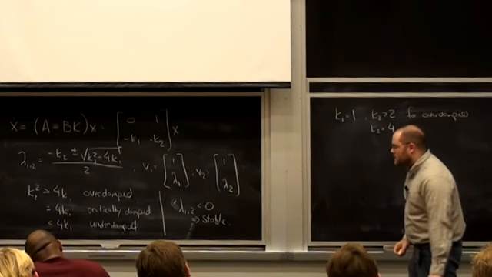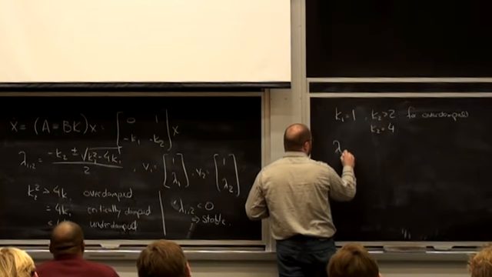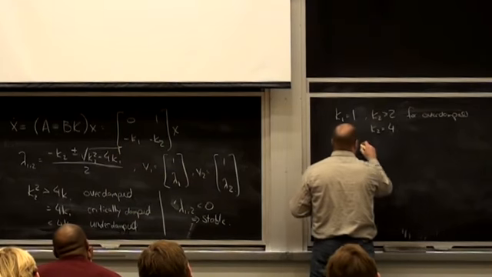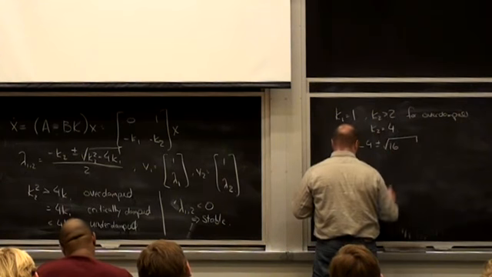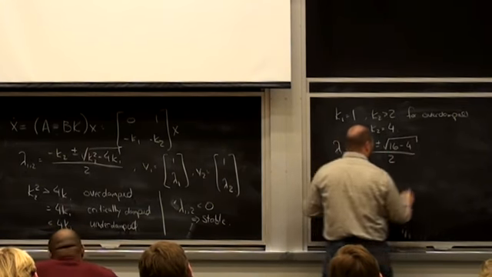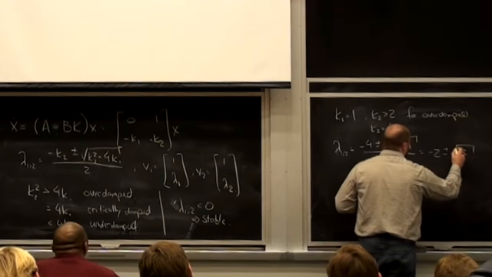If I do that, then my eigenvalues work out to be negative 4 plus or minus the square root of 16 minus 4, over 2, which is negative 2 plus or minus square root of 3.